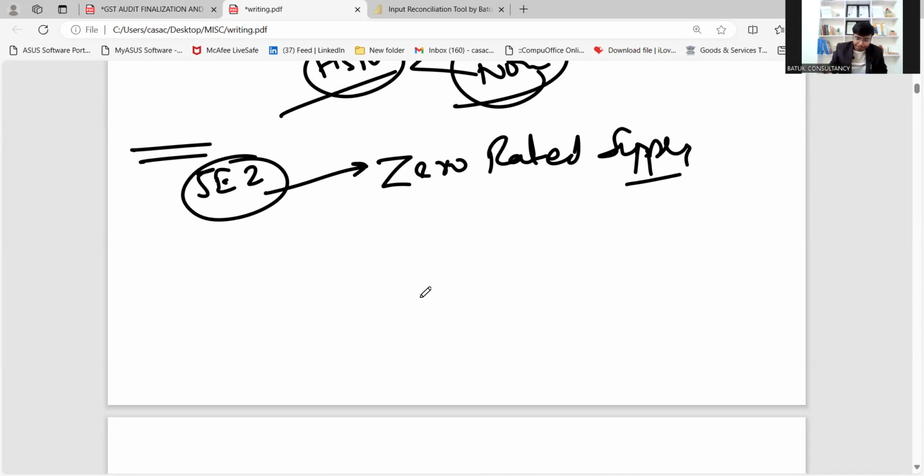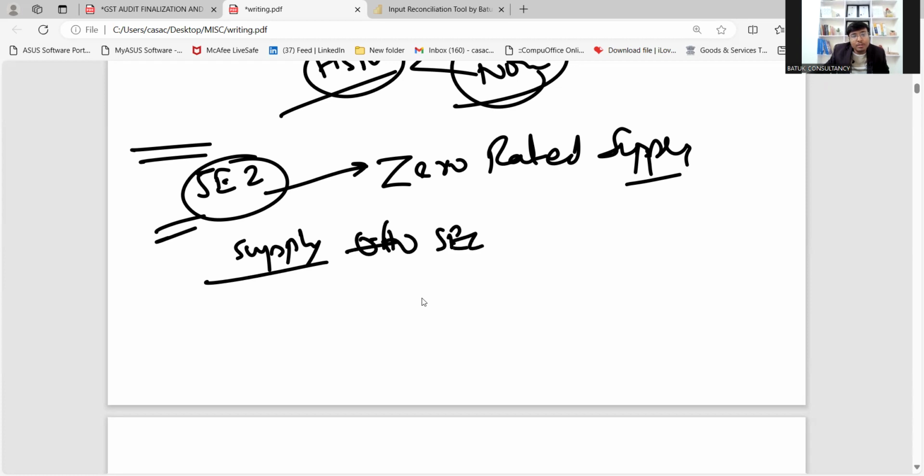Now suppose in the financial statement that person has shown certain supply to special economic zone.